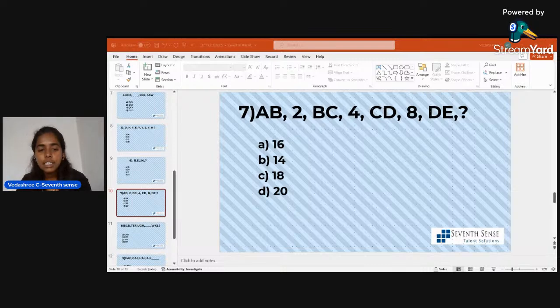So here we are just multiplying each number by 2. So 2 into 2 is 4, then 4 into 2 is 8, and 8 into 2 is 16. So it is a series. So option A, that is 16, is the correct answer.